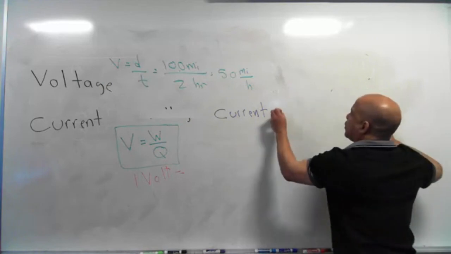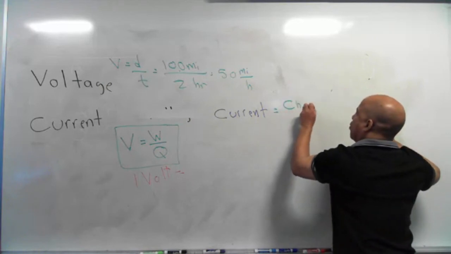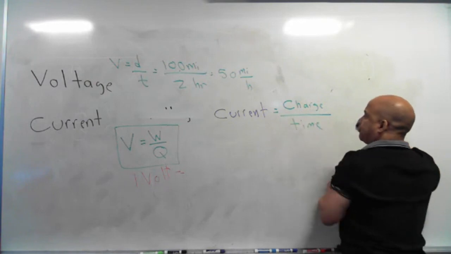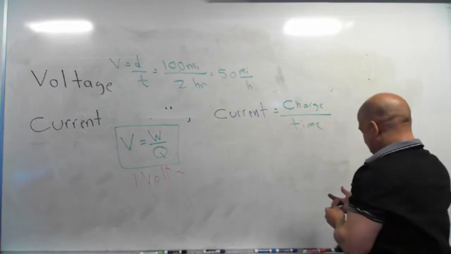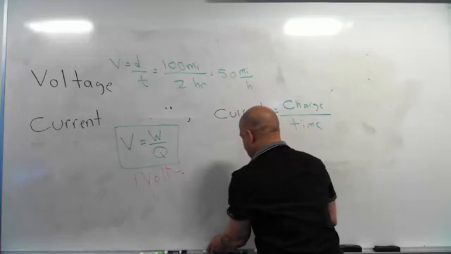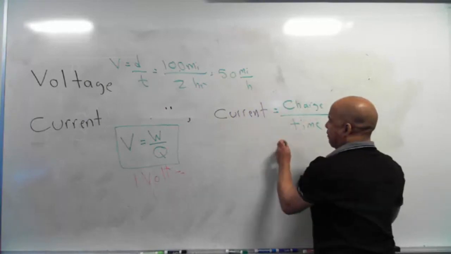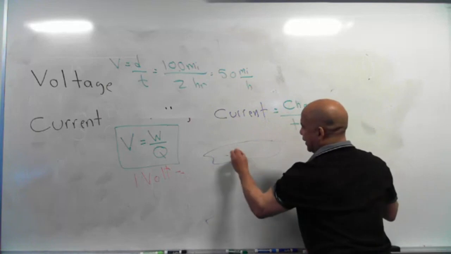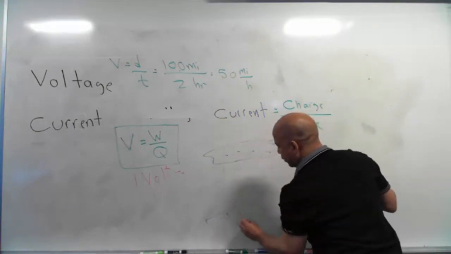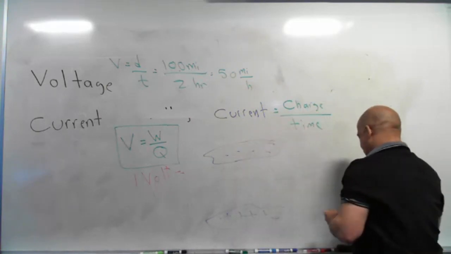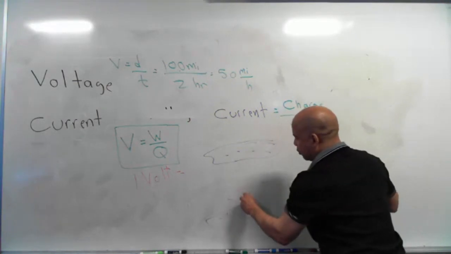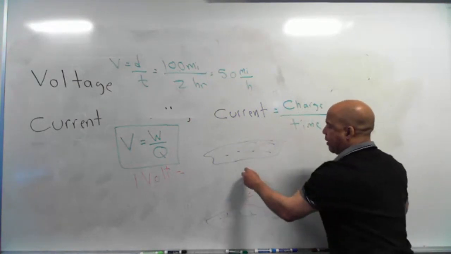Current is how much charge passes a certain point in a certain amount of time. Going back to our example, if I have voltage, I have minus charge here, and I have plus charge here, and I have charge I'm going to move. I got 1 coulomb of charge. I want to move it that way.